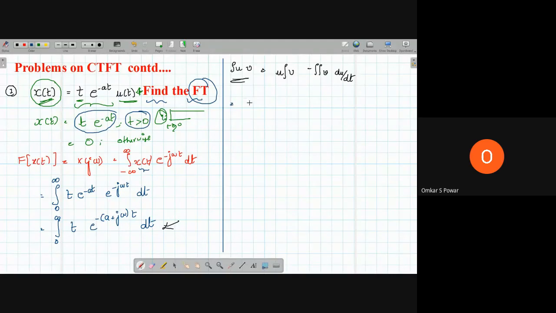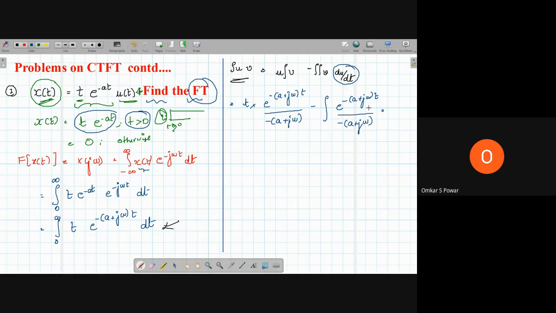So the first function is t into integral of v. So integral of e power minus a plus j omega into t divided by minus a plus j omega, minus integral of v, so again e power minus a plus j omega into t divided by minus a plus j omega, into differentiation of the second function.